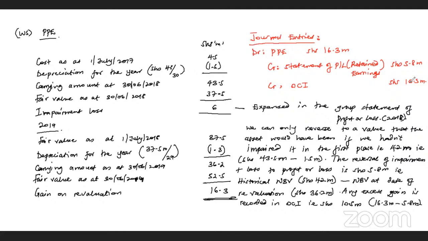So that is the note about property, plant, and equipment. That's our note about property, plant, and equipment, the revaluation, as well as the impairment loss. What next?